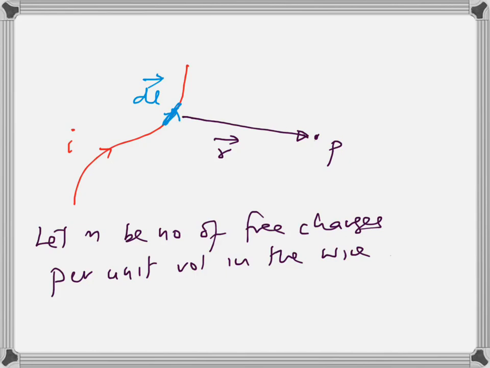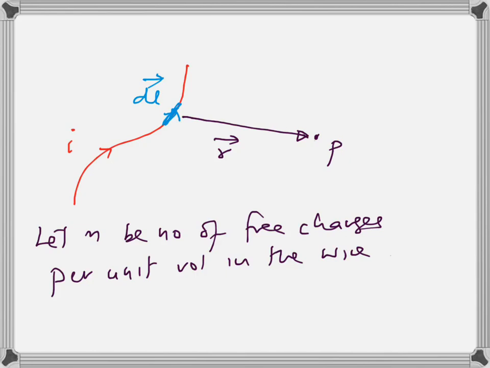Means if this wire is made up of aluminium, for example, you take 1 meter cube of aluminium block and see how many free electrons are available in that. That is n. Whatever is the metal, take 1 meter cube of that metal and see how many free charges are available. That is the value of n. So n is the number of free charges per unit volume. Unit means 1. Unit volume means 1 meter cube. We are taking the meter as the standard unit.